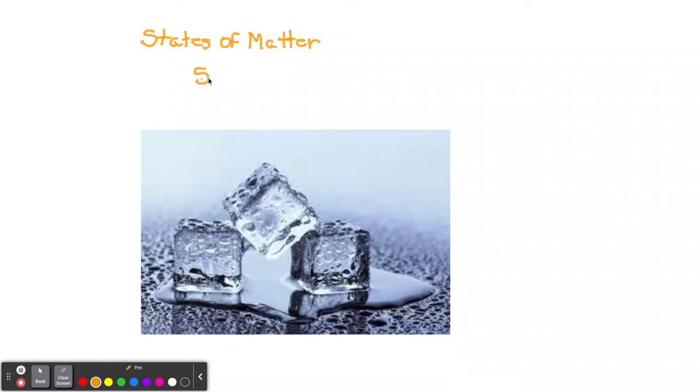We have our solid state, we have our liquid state, we have our gas state. There's also a plasma state. We'll talk about plasma in other videos, but plasma is just charged gas, ionized gas, like lightning, for example. And again, there are other states of matter, but we'll just concentrate on these.